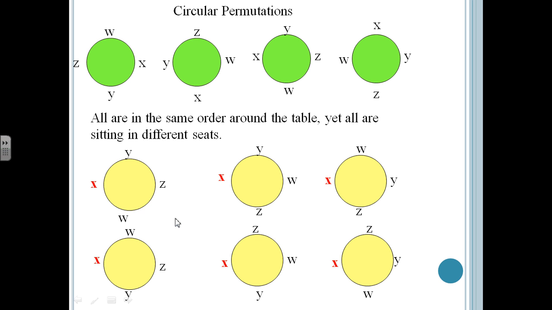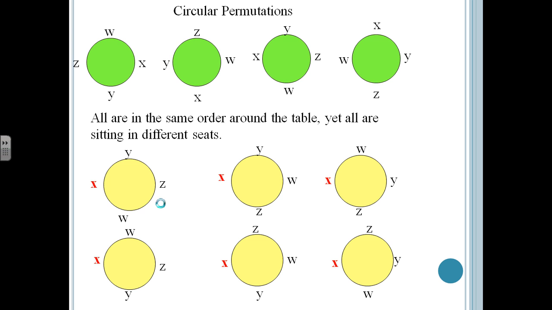So it looks like Y, Z, and W all start rearranging themselves, but X stays where they are. Okay, and this is how you get the true number of circular permutations. So what's happening here is, out of the 4 people that we were rearranging around this table, one of them is fixed, and then for the other 3, you want to look at how many permutations you would get.